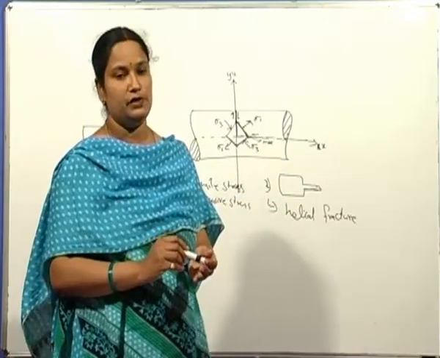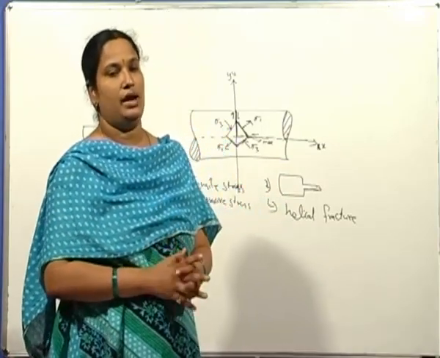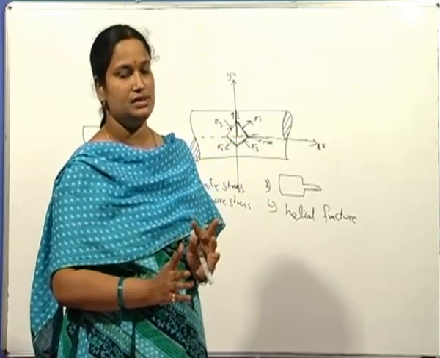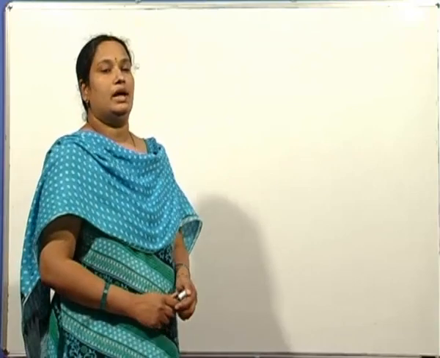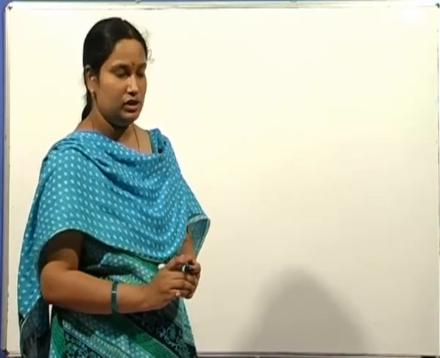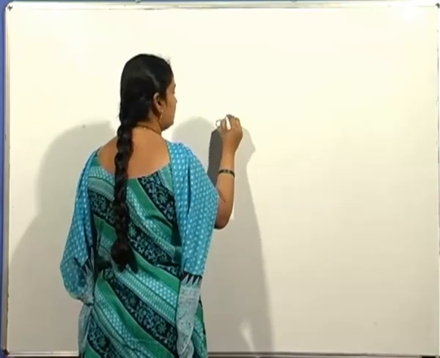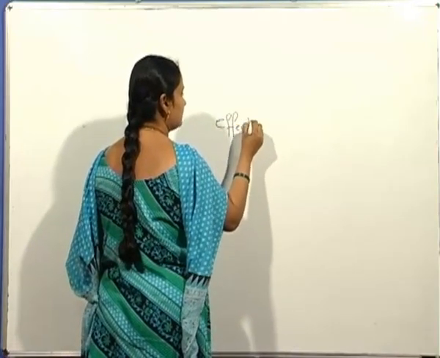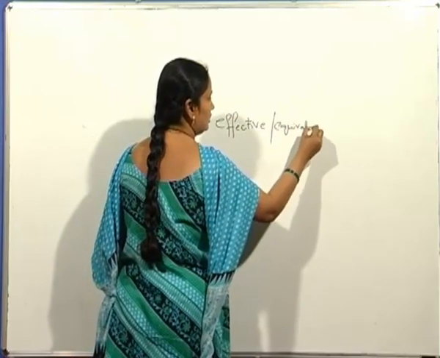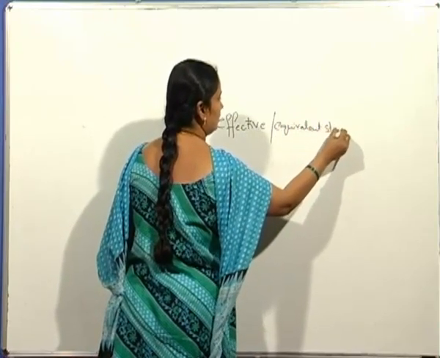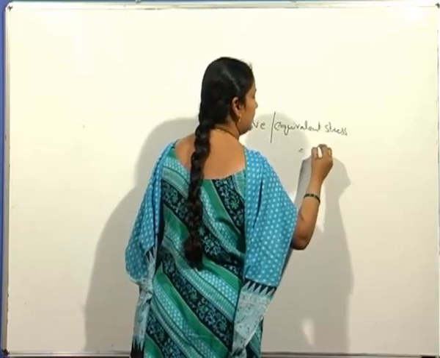Now we look into the differences between tension and torsion. What are the differences and similarities between tension and torsion? The convenient means of representing the state of stress of an element is by means of equivalent stress, which is also known as effective stress or representative stress, that is sigma bar.